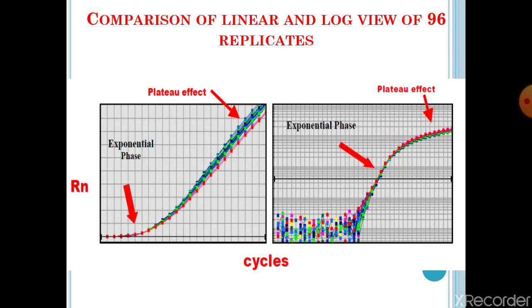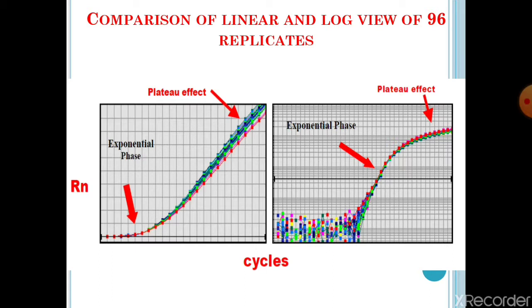The other, side figure, is the log view. Log view means the log of DNA concentration. Now you can see in the log view that the plateau of each reaction seems to occur in the same place. In the plateau phase, all the lines are merging. This is solely because of the log scaling of the plot.